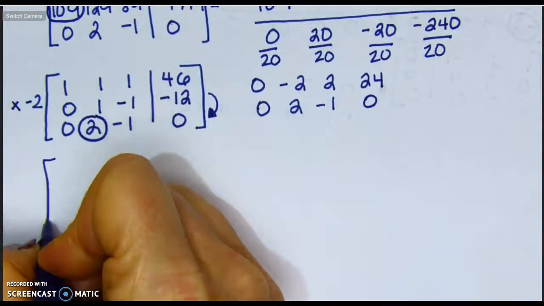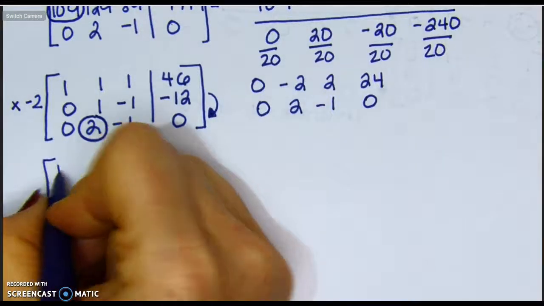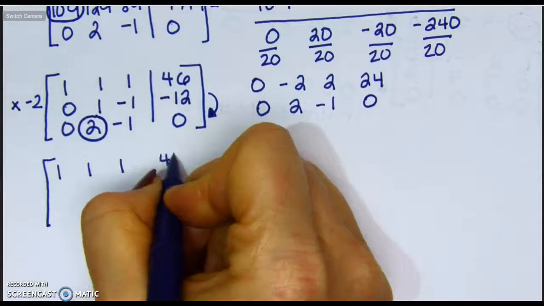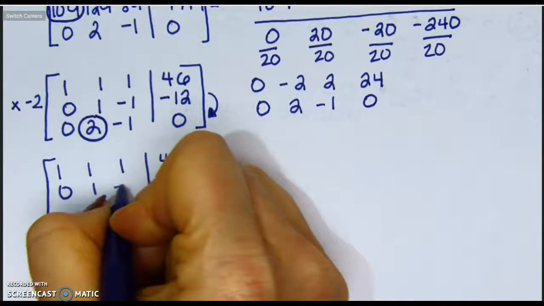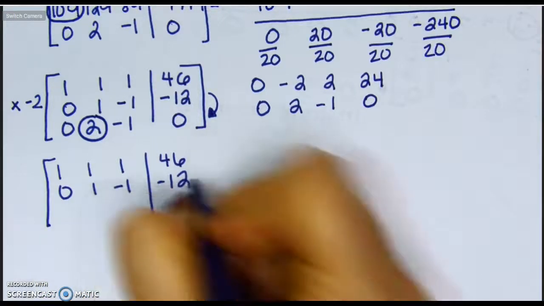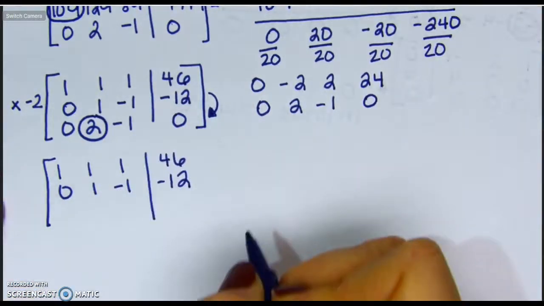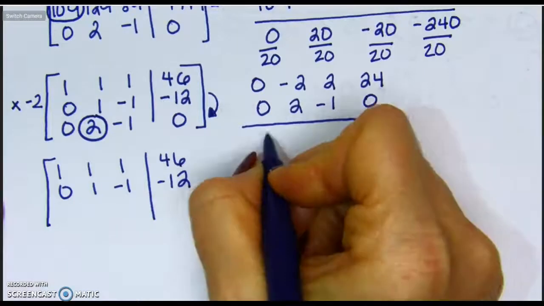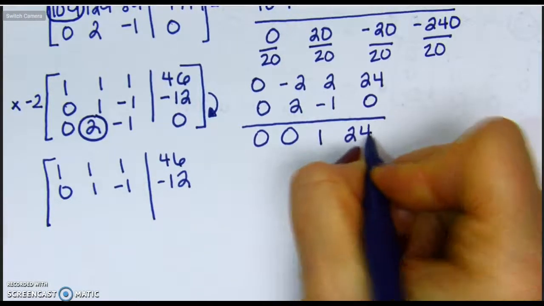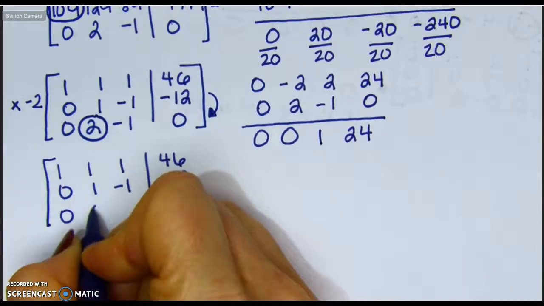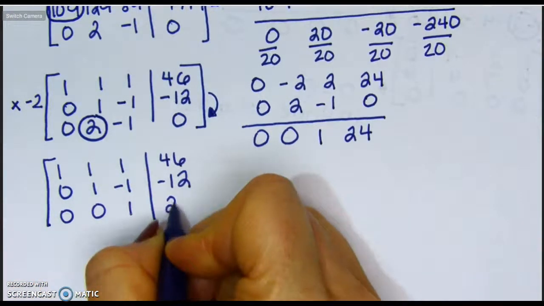You'll see what'll happen here in a second. We'll still have 1, 1, 1, 46, 0, 1, -1, -12. When we add, we'll have 0, 0, 1, 24.